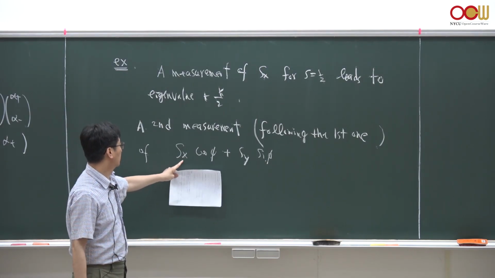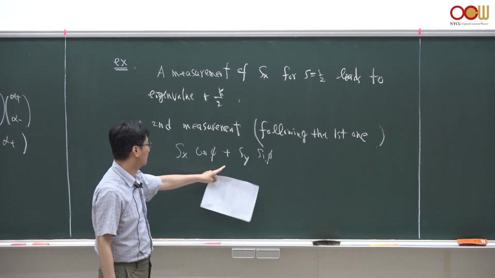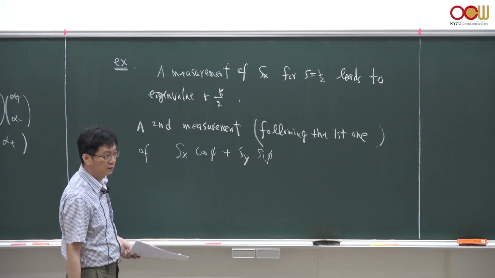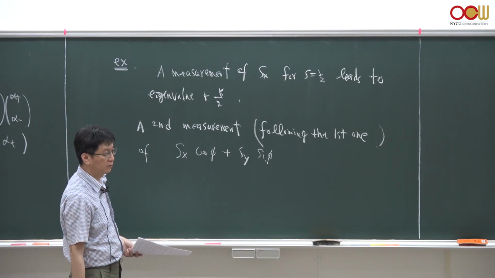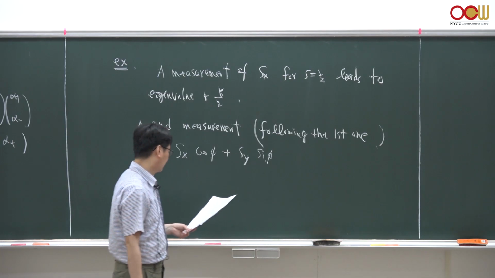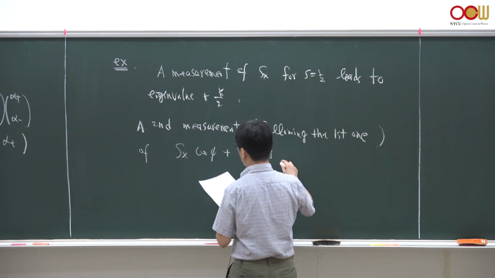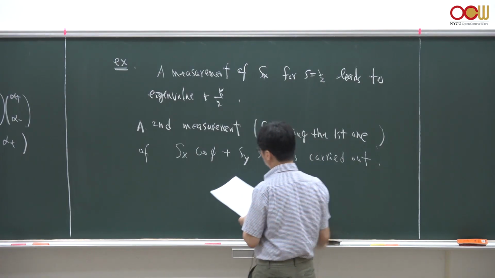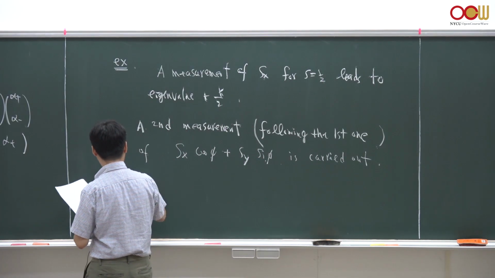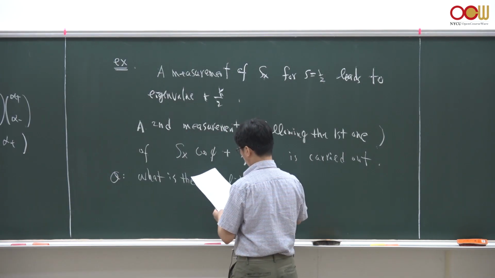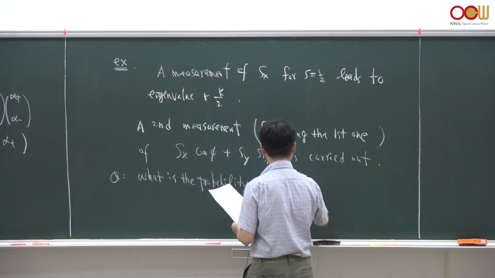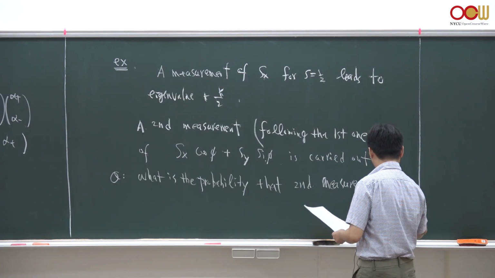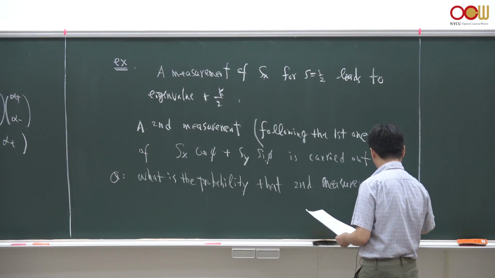Here it is Sx cosine phi plus Sy sine phi. This is the second operator whose eigenvalue you need to measure. So the second measurement is carried out. The question is, what is the probability that the second measurement still gives you plus 1/2 h bar? What is the probability?